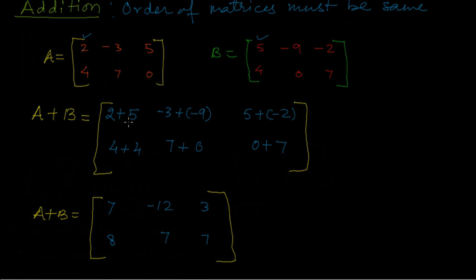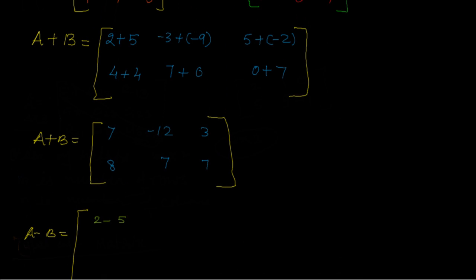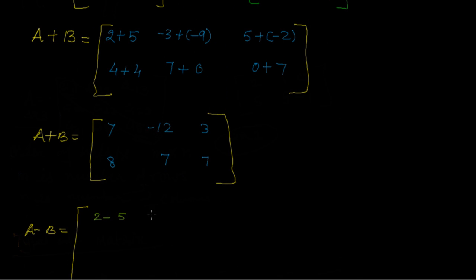So we have 2 minus 5, -3 minus -9, 5 minus -2, 4 minus 4, 7 minus 0, 0 minus 7. In this way we will get this. Now we simplify this.